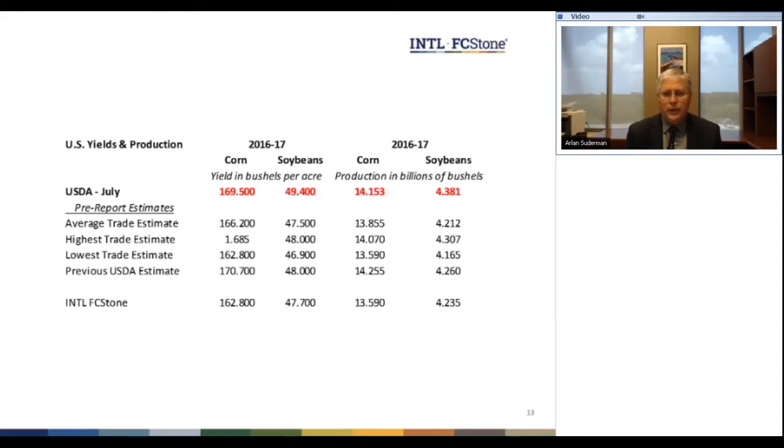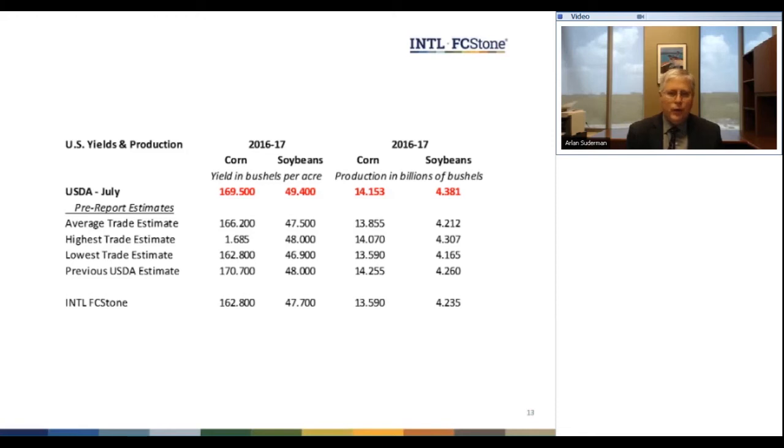There's no way of knowing. And here again, the safest bet was probably a trend yield around 48 bushels per acre, but it is what it is. Now, that gives us a crop of 4.381 billion bushels, which is about 160 million above what the trade was anticipating, and certainly about 150 million bushels above what I was looking for.